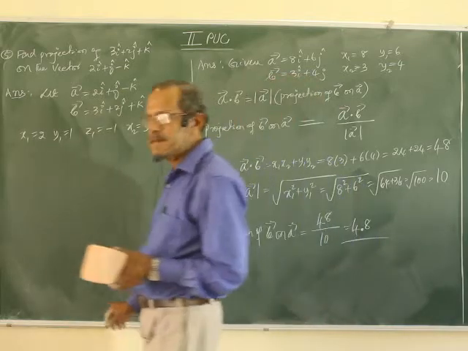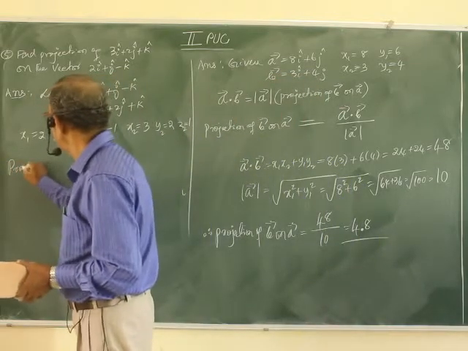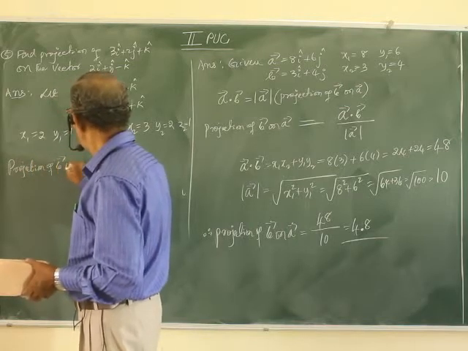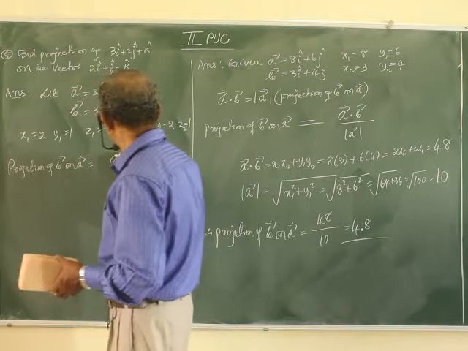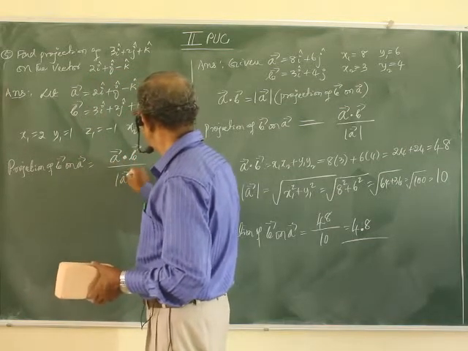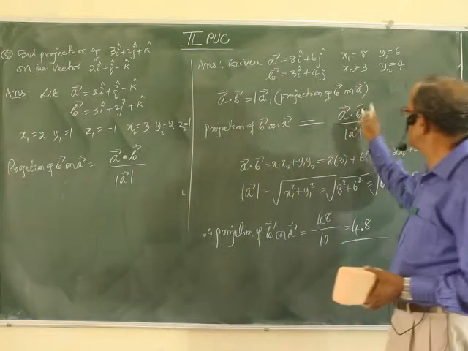Now, let me write straight away the formula. Projection of B on A is A dot B by mod A. See here, the formula is already here.